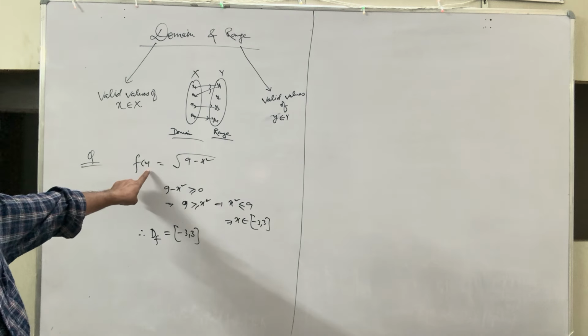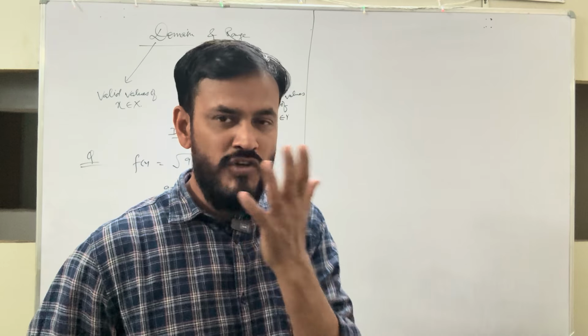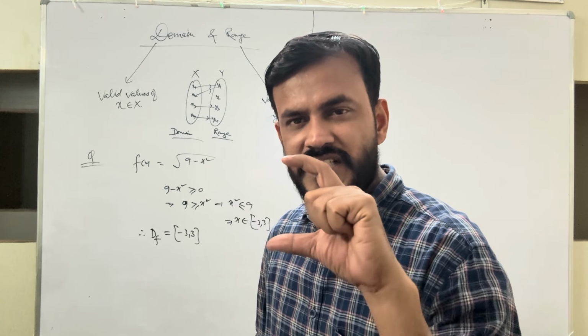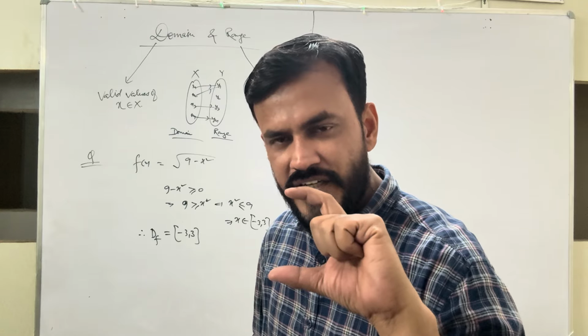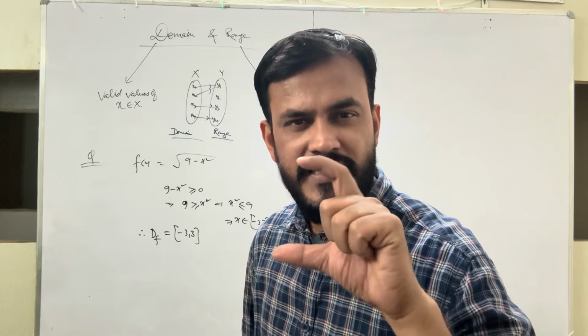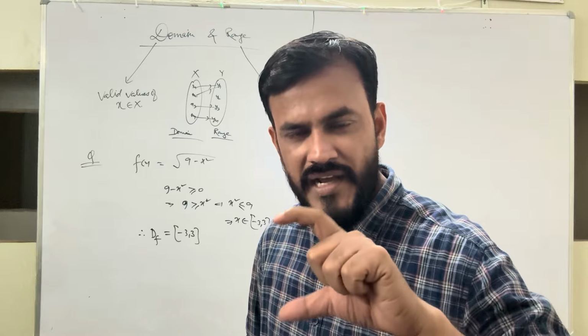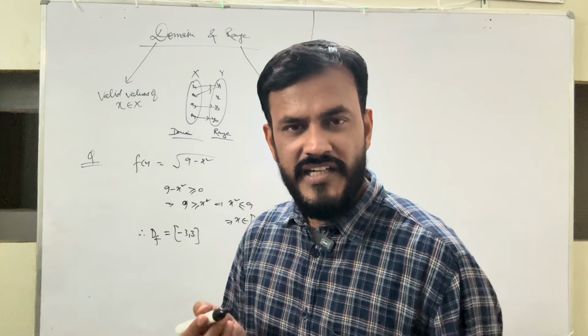Now we want to find out the range of this function. So what do we mean by range? Range is the minimum value the function may take and the maximum value. So it is the list of all the values a function can attain.